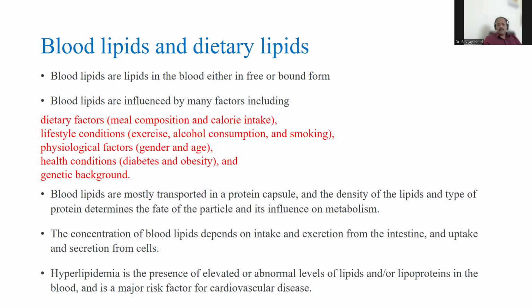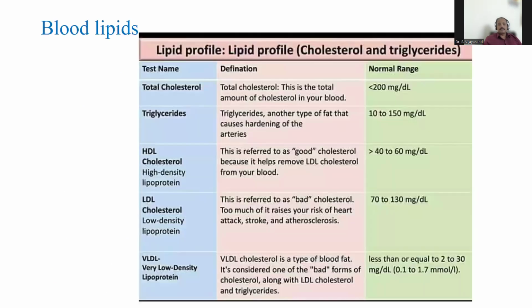Commonly, when you consider conditions like hyperlipidemia, we know what hyperlipidemia is. It is an elevated lipid concentration, or we can say abnormal levels of lipid. The lipid concentration is not normal, it is elevated in the blood, and it is considered one of the major risk factors for many cardiovascular diseases.